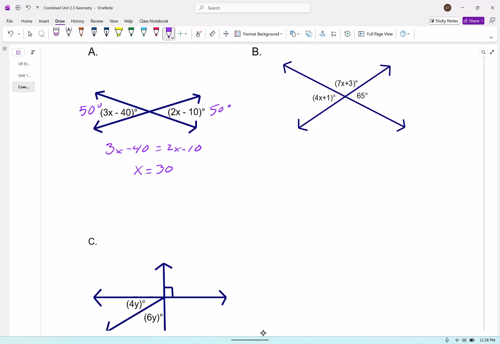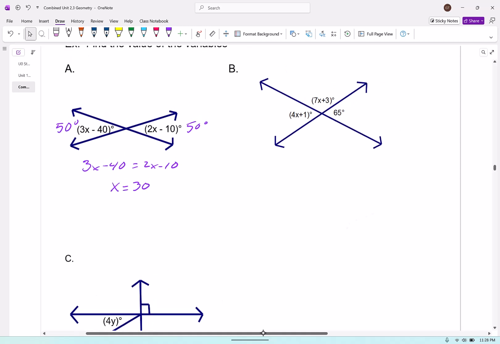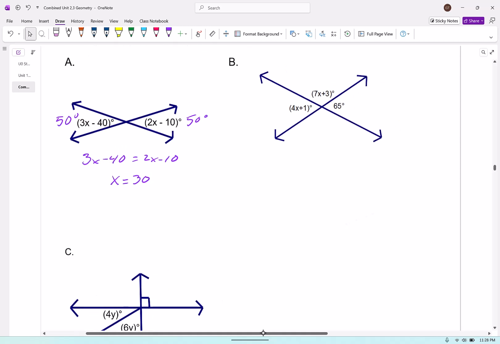All right, if I look over at this one, I've got a few options on what to do, and I think we've done this example or a similar one. Let's call this angle 1, angle 2, angle 3.